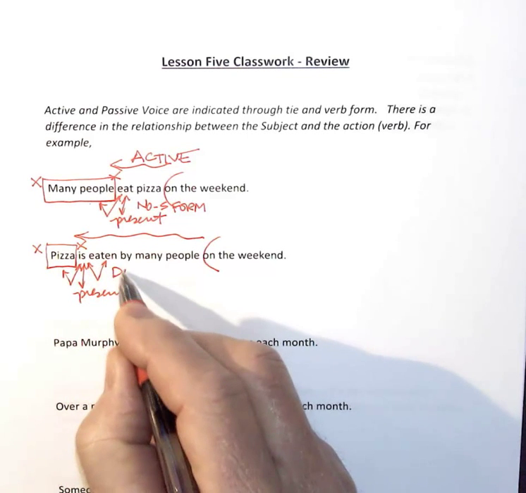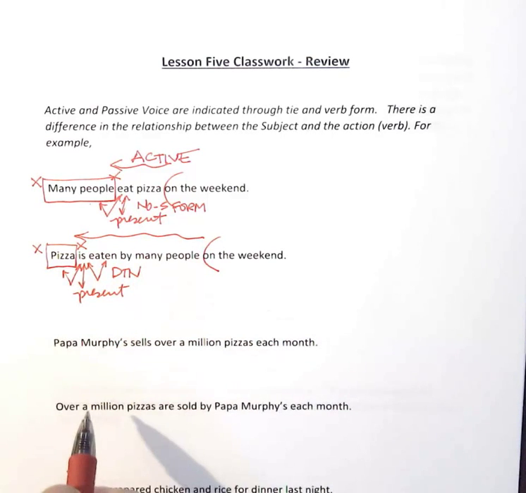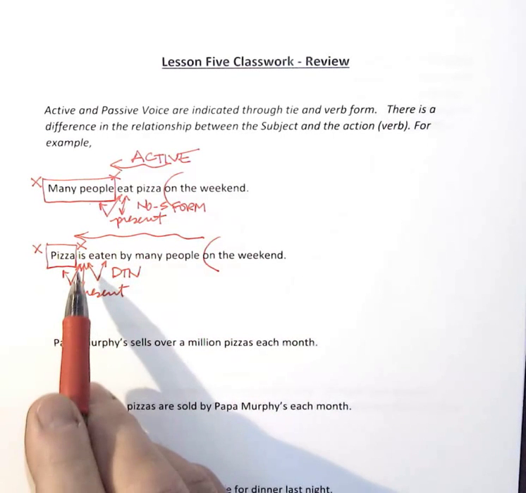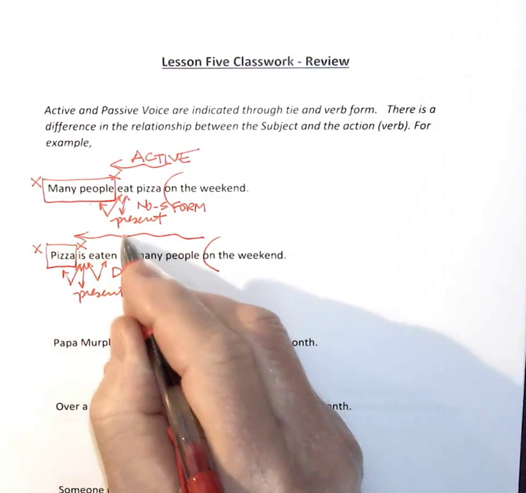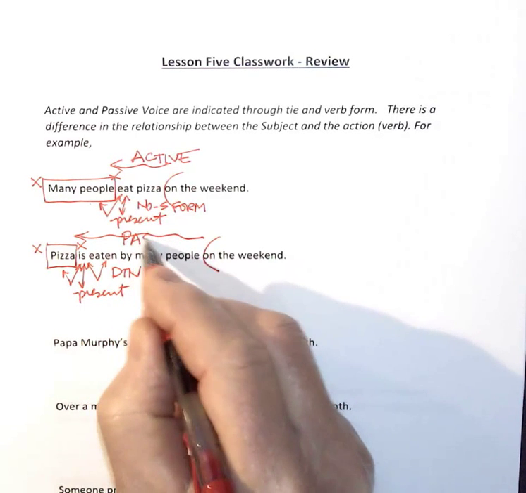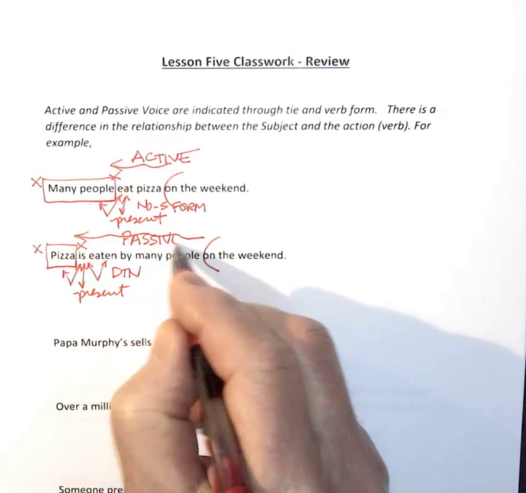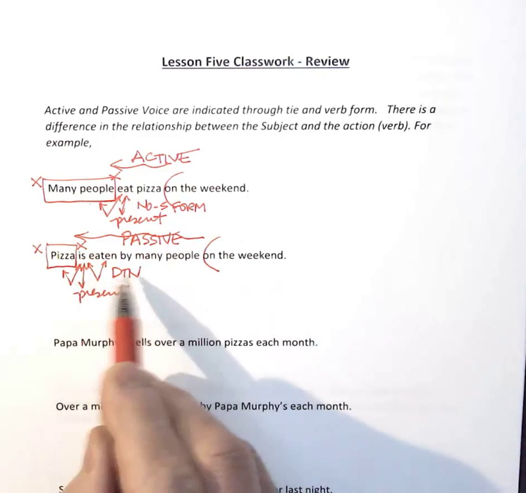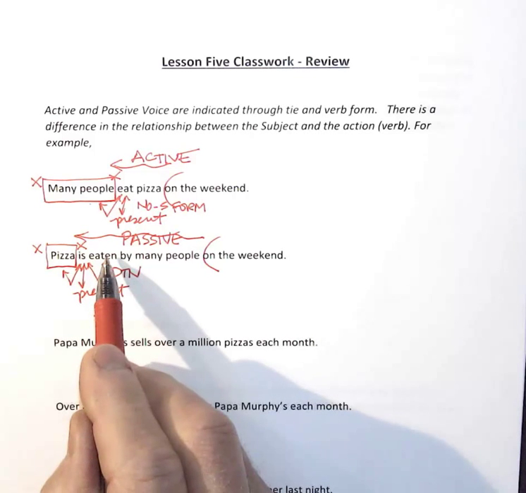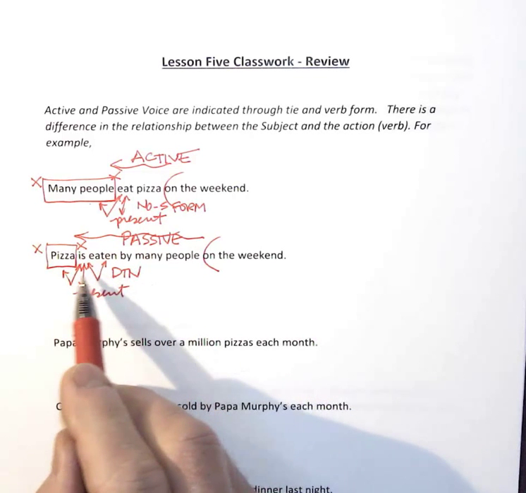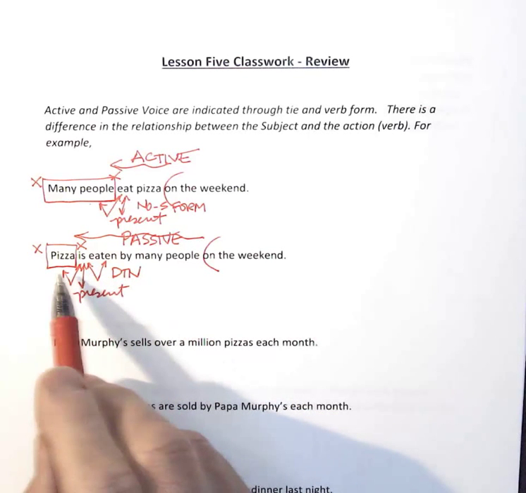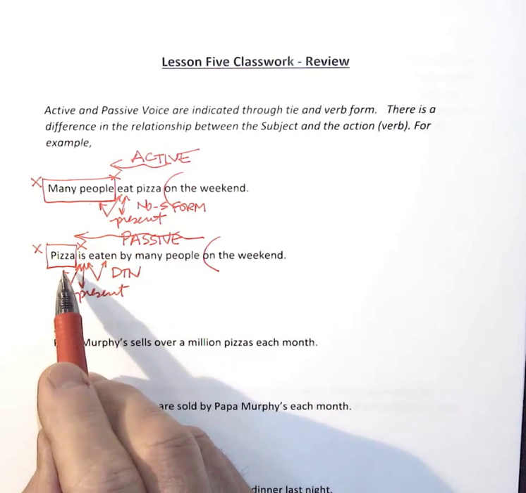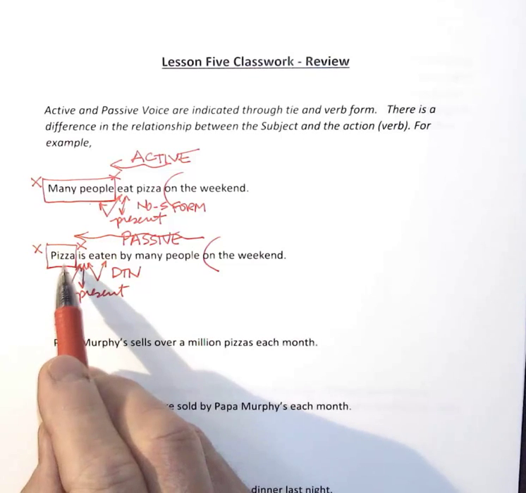Eaten is the DTN form. When we see a tie like is with the DTN form, we know that the sentence is passive. This kind of tie shows us the action happens to the subject. Pizza doesn't do anything in this sentence. Something happens to the pizza. It's eaten.